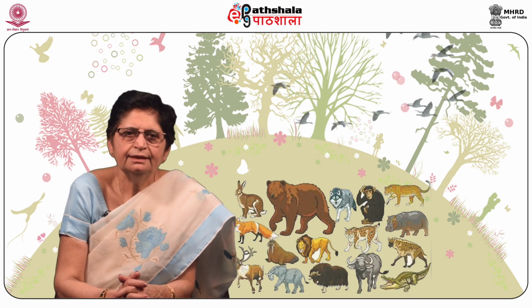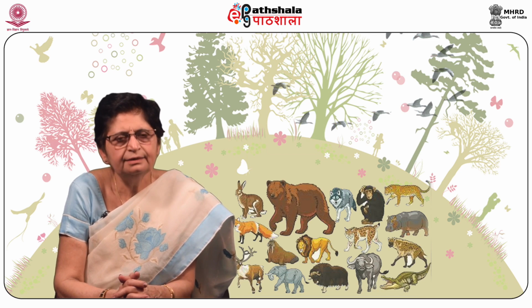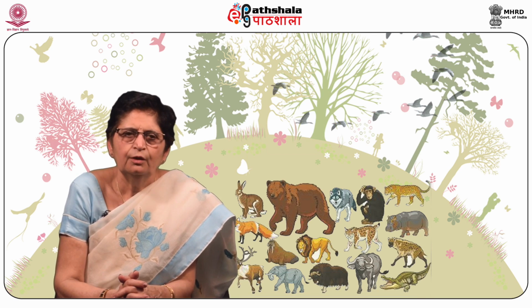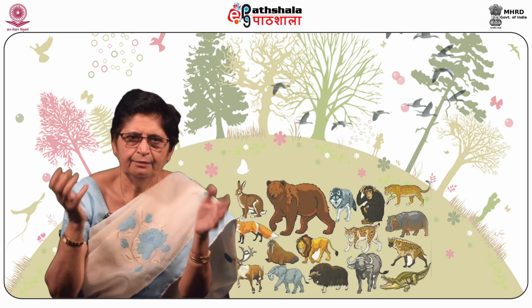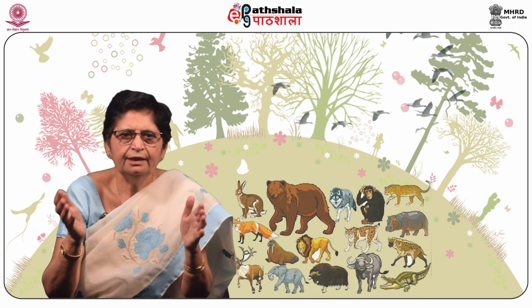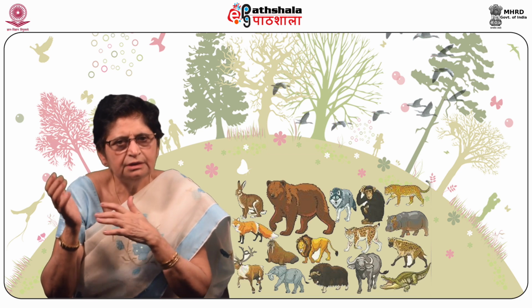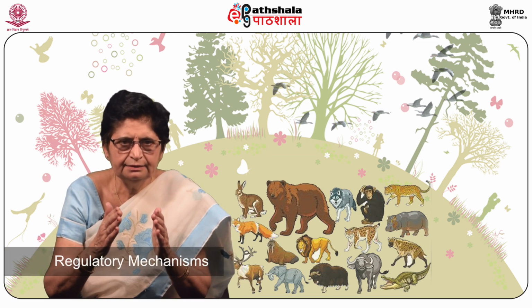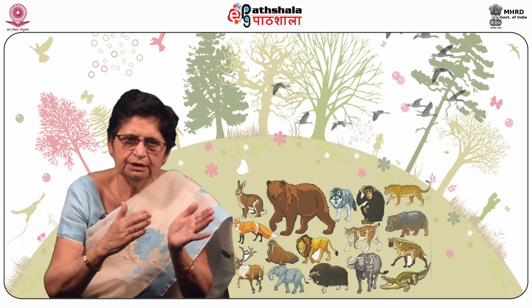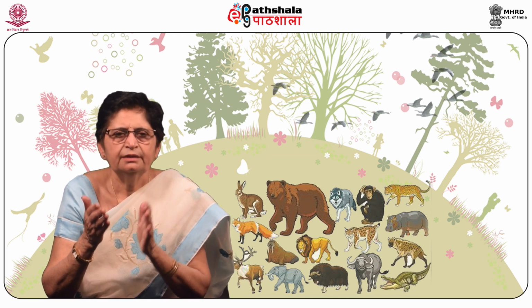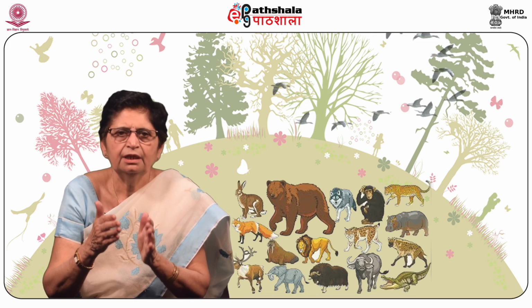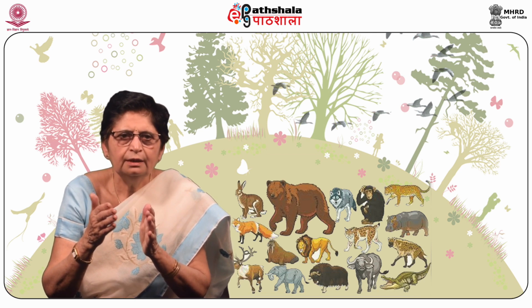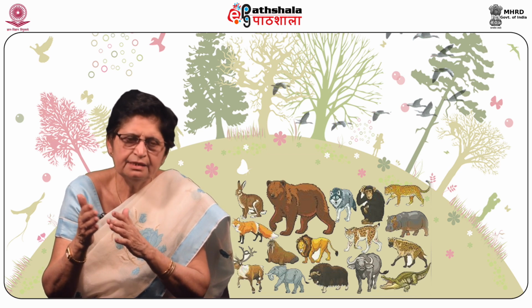So students, let's summarize what we have learned in this module. Populations are dynamic and very rarely do they remain constant in nature. The population density regulatory mechanisms can be intrinsic or extrinsic. The extrinsic mechanisms include all the physical and the climatic factors.